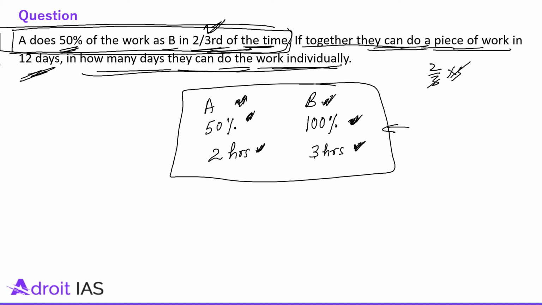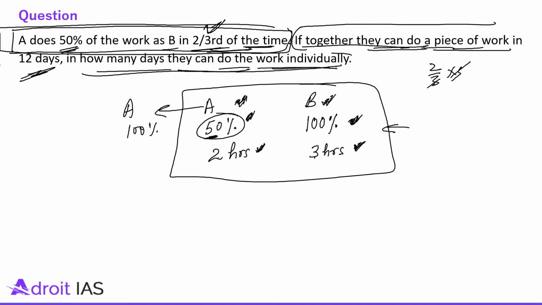Friends, here we need to find the ratio of their efficiencies. Why? Because we have solved these type of questions earlier, right? The efficiency ratio is required to solve these type of questions. So if A will do 100% of the work, then obviously he will take double the time of this 50%.